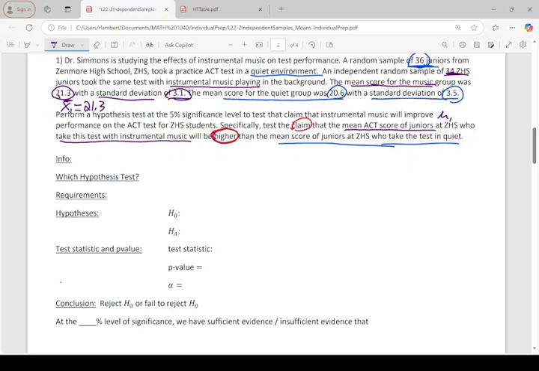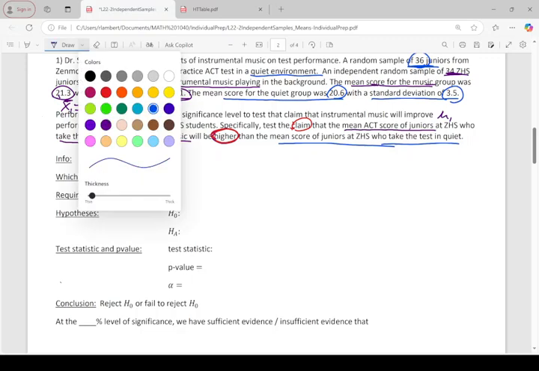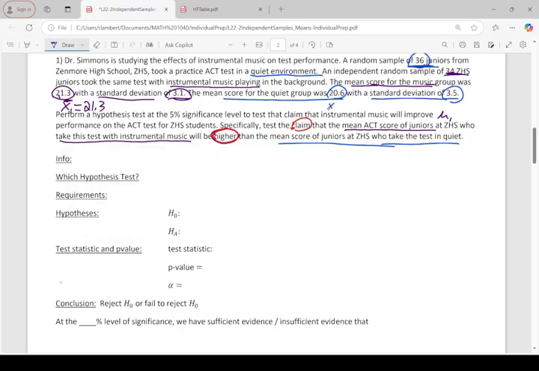The real mean ACT score of everybody taking the test under music is going to be close to 21.3, but it could vary because the sample's random. And similarly, this mean score for the quiet group is 20.6, which is an estimate of the mean score of all juniors at the high school who take the test in quiet. That's going to be our mu2.